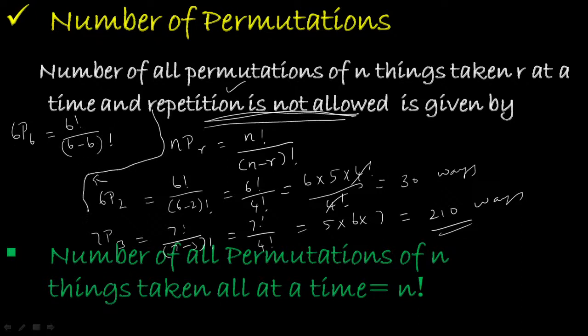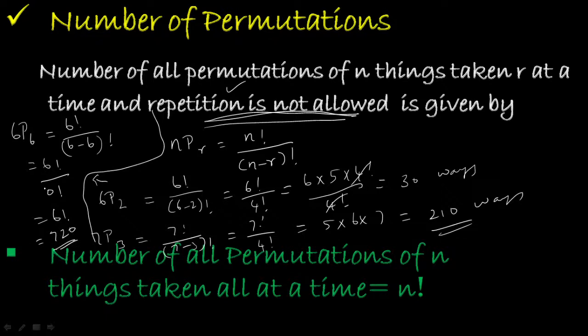Simplifying this, you get 6 factorial divided by 0 factorial. As I told you already, the value of 0 factorial is 1. So, 6 factorial. What is the value of 6 factorial? As I told you already, you should remember the value of 6 factorial as 720. So, the total number of possibilities here is 720.